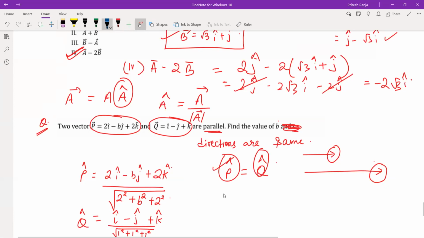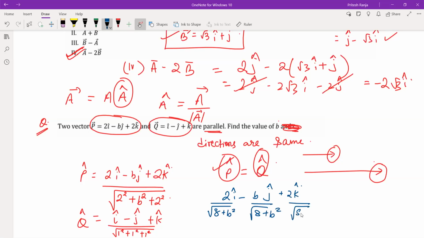So when we equate, what do we get? 2i cap minus bj cap plus 2k cap divided by root 8 plus b squared, here also root 8 plus b squared, here also root 8 plus b squared. This is equal to i cap minus j cap plus k cap divided by root 3.